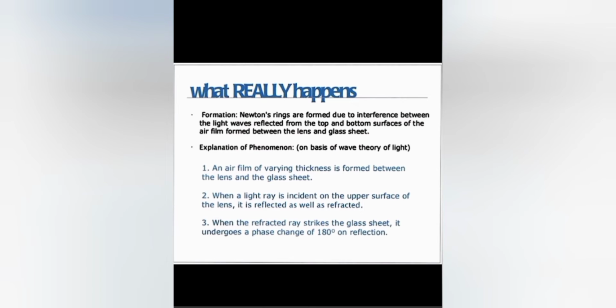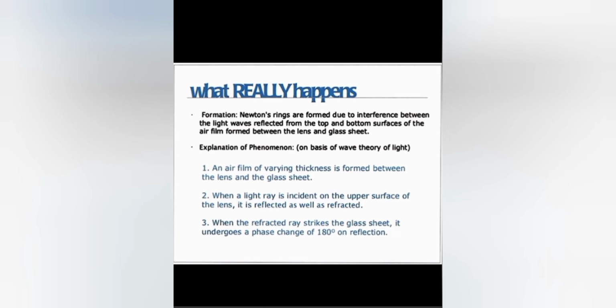What really happens? Formation: Newton's rings are formed due to interference between the light waves reflected from the top and bottom surface of the air film found between the lens and glass sheet. Explanation of the phenomenon on the basis of the wave theory of light. Number 1.